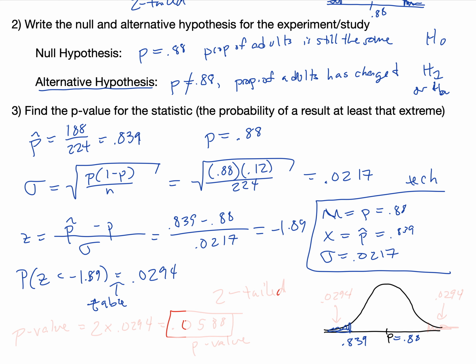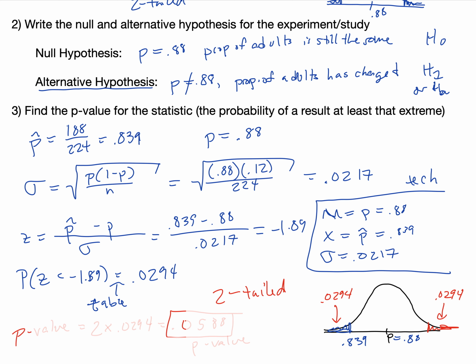Now, this was a two-tailed test. So because this was a two-tailed test, we're looking for the probability of a result at least this extreme on either side. So the probability of a result at least that extreme on this side plus the probability of the result at least that extreme on this side. So we found out that this probability is 0.0294. Because the normal distribution is symmetric, this is also 0.0294.